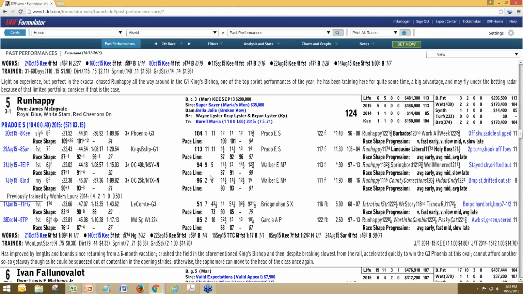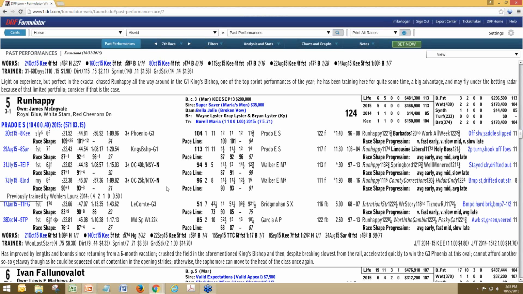Then the half in 101, and despite that, and despite the saddle slipping up, he winds up winning anyway. He wins by a length and three-quarters, gets a final Beyer of 104, coming off the 113 that he got in the King's Bishop.